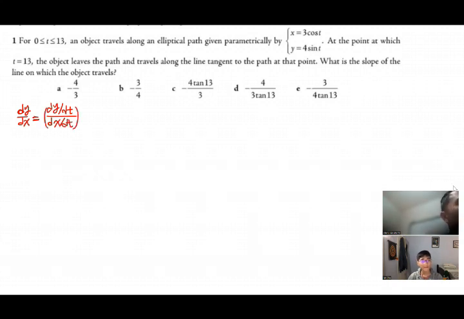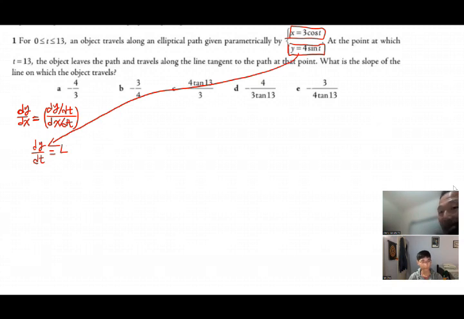So this is pretty straightforward, because the x and y equations are already given in this problem. So dy over dt: y is sine t, so you plug that in, and that should be 4 cosine t.